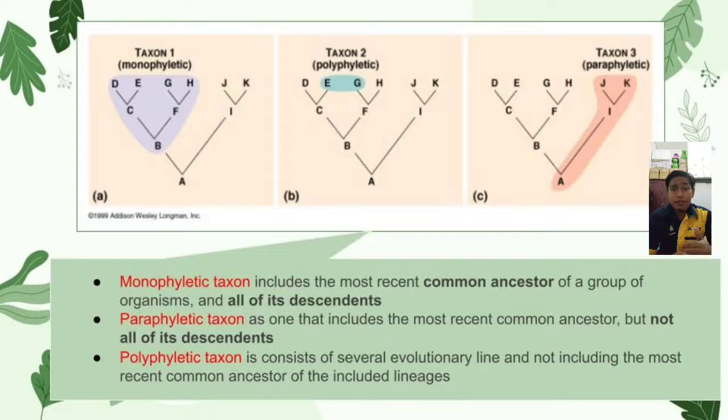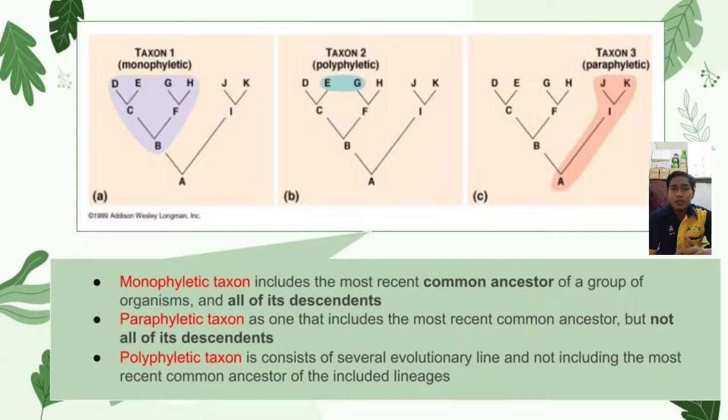As we know, in the taxonomic groups, there are three kinds of taxon. The first one is the monophyletic taxon, which is a group that includes an ancestral species and all its descendants. The second one is the paraphyletic taxon, which is a group that contains a common ancestor and some but not all of its descendants.